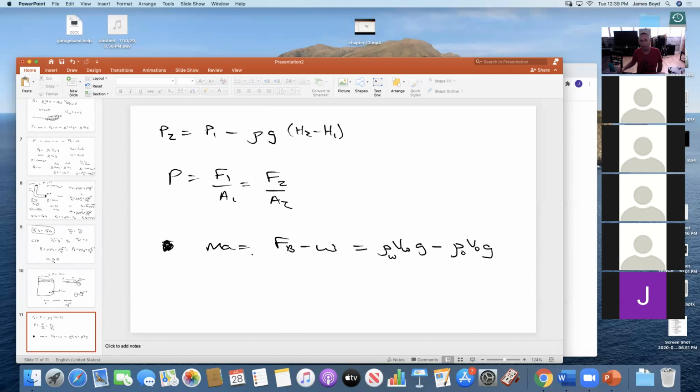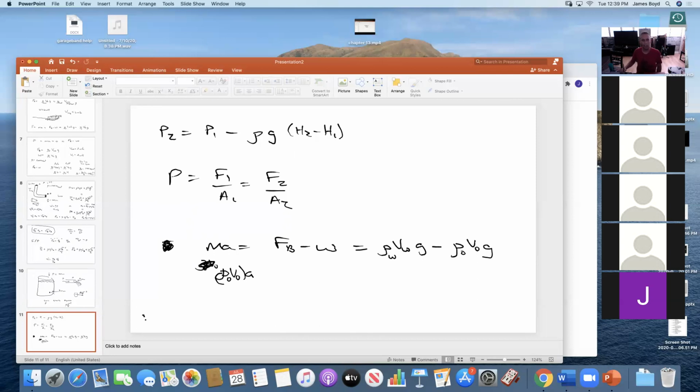If this is 0 because it's just sitting there in equilibrium, then this is equal to 0. If it's not, you can find the acceleration because this is actually the density of the object times the volume of the object times A, so you could divide through by it. I do that in the lecture notes.